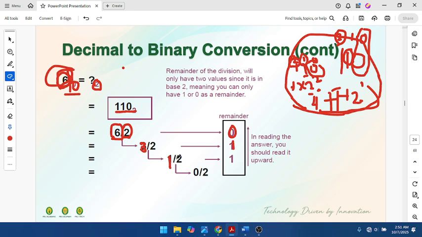So 1 divided by 2, 0, but there is a remainder 1. Okay? So now, in reading this answer, you will now read upward. So 1, 1, 0. That is now the answer.